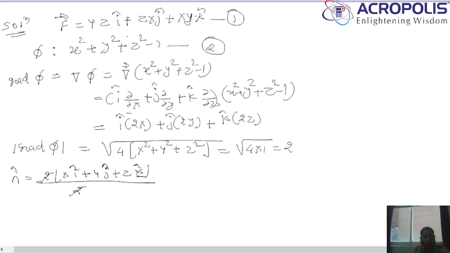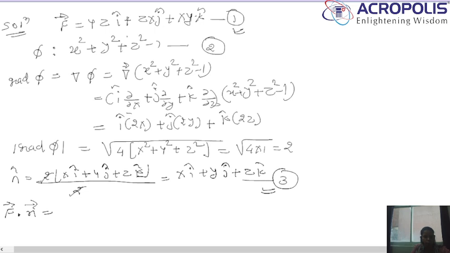So here the resultant is xi plus yj plus zk, say our equation number 3. Now after that we calculate the value of F dot n cap. Now see equation number 1 and equation number 3, and apply the dot product.